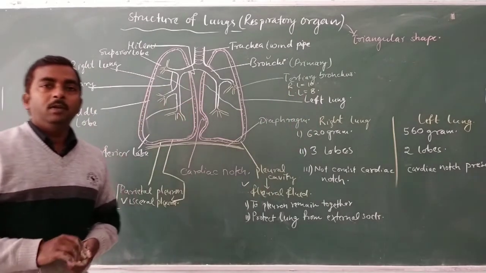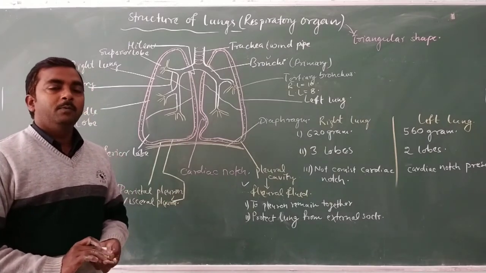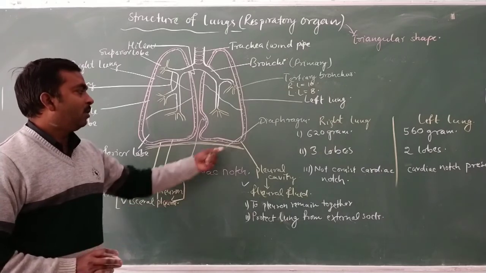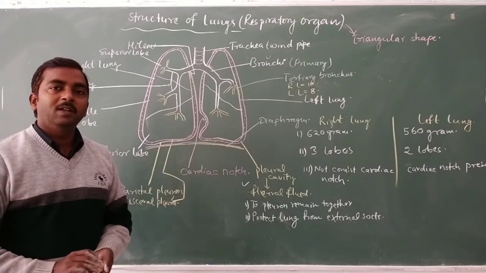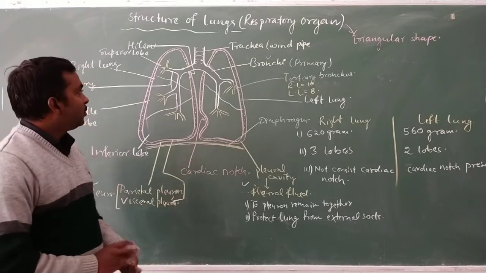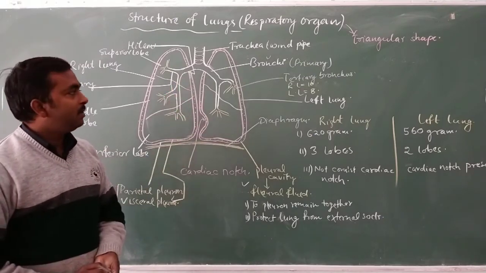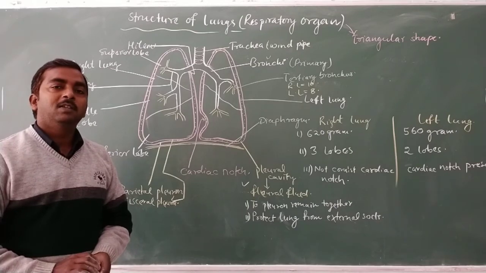The diaphragm is the structure mainly responsible for the process of breathing. It means the breathing mechanism is regulated by the diaphragm. The diaphragm is part of our respiratory system, and it also separates the thoracic cavity and the abdominal cavity.